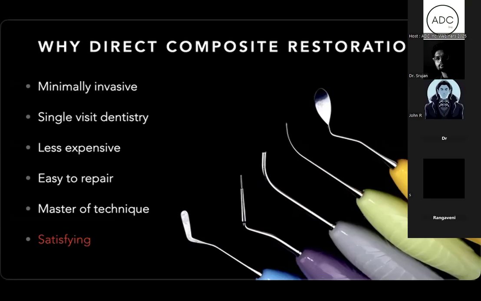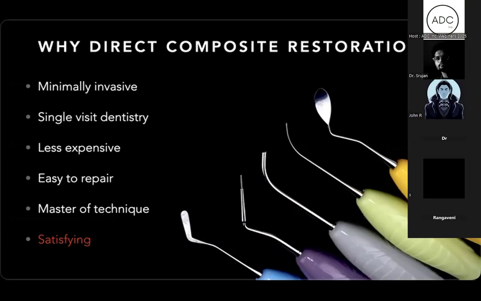Okay. Another point which I love about direct composite restorations is it's easy to repair. If you take a crown, a veneer, onlay or inlay, if it is chipped off, you just probably have to remove the entire restoration, entire crown, and you have to place a new one, right? On the other hand, if patient comes that one of the incisal corners just got chipped off, doctor, while I was eating something hard, what are you going to do?